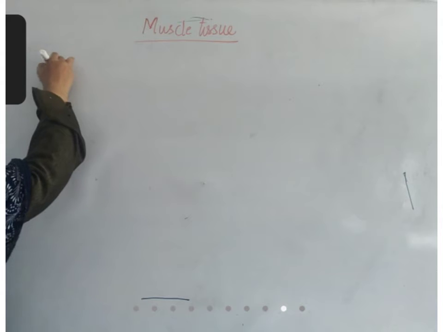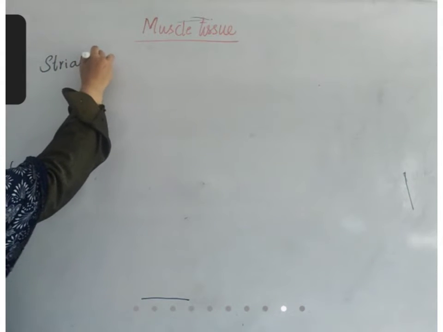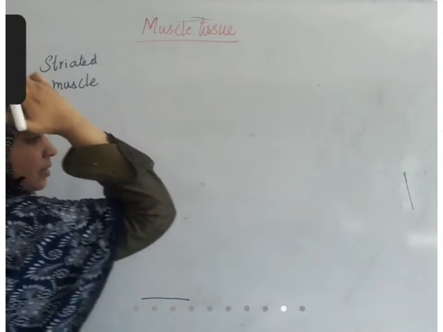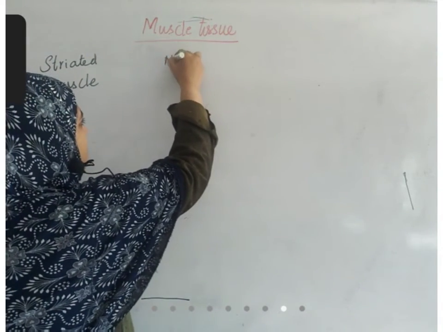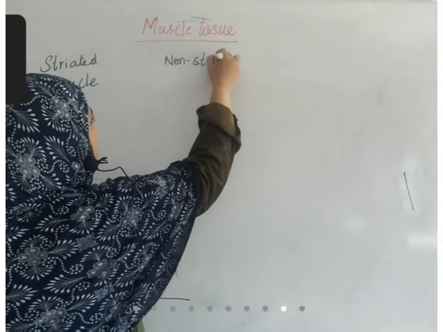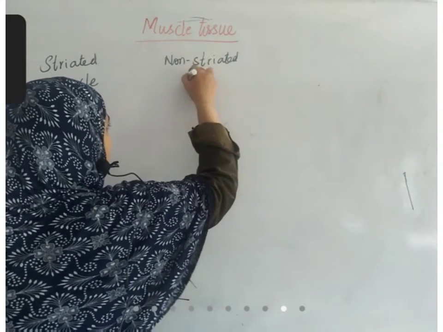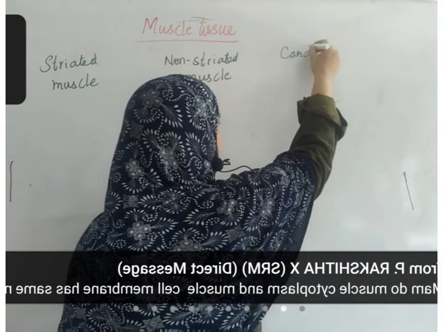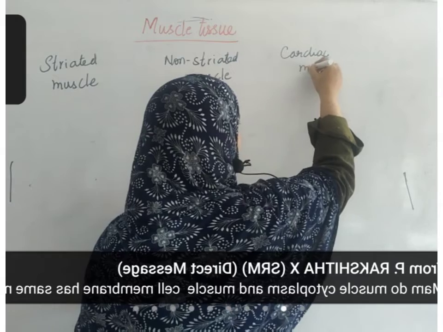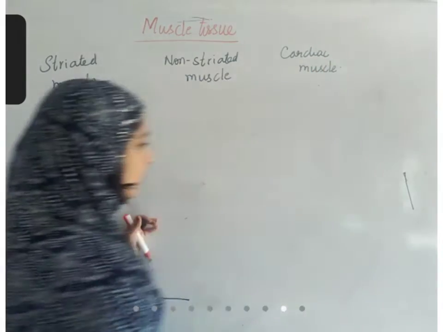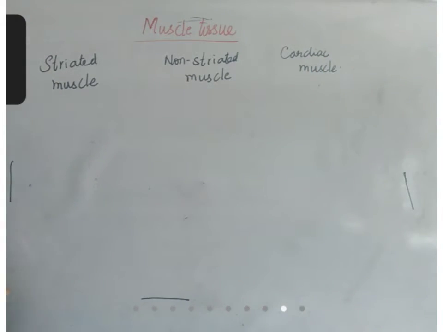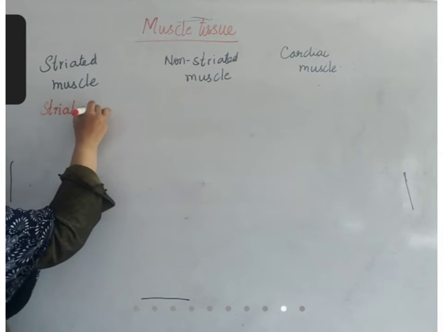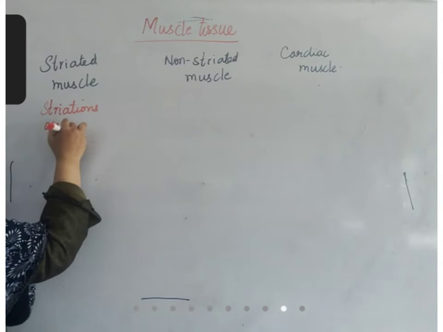So I'll write here striated muscle, second one non-striated muscle, and third one cardiac muscle. These muscles have striations.